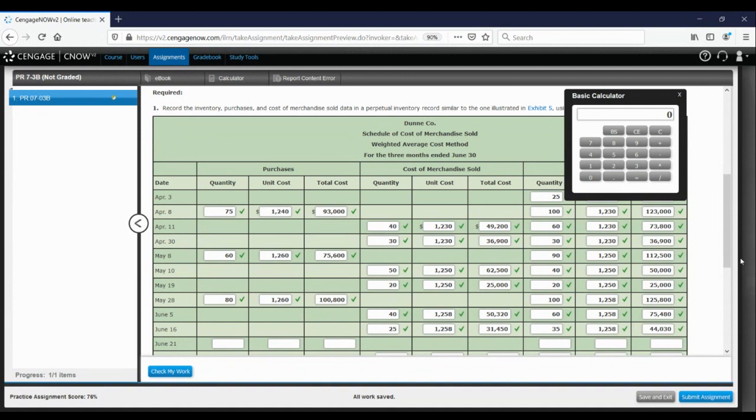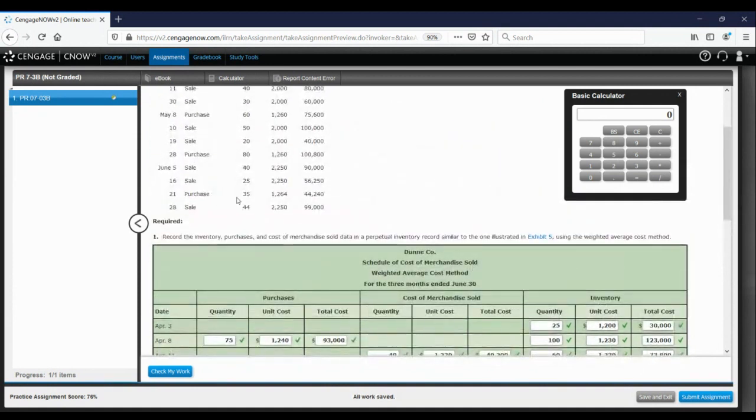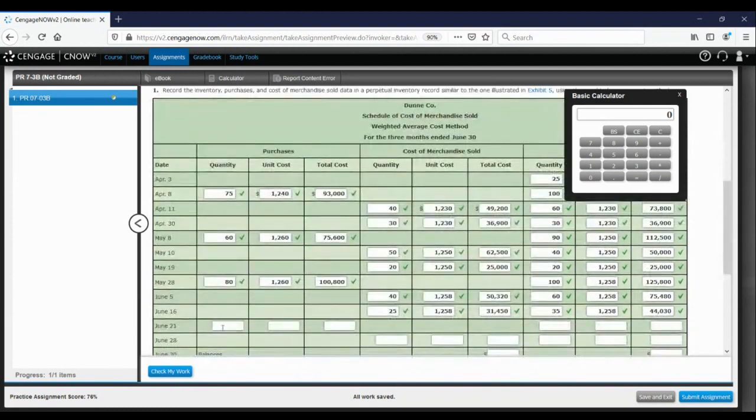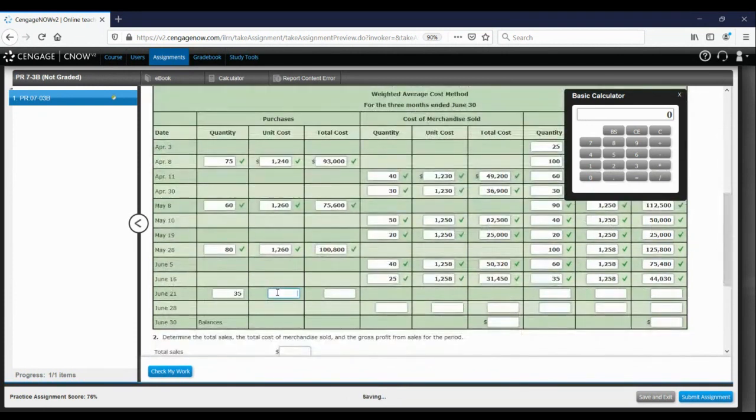On June the 21st, we made another purchase. Every time we make a purchase, we have to recalculate the average cost per unit. We bought 35 units, so record those in the purchases column. And we paid $12.64 for each of those units that we bought.